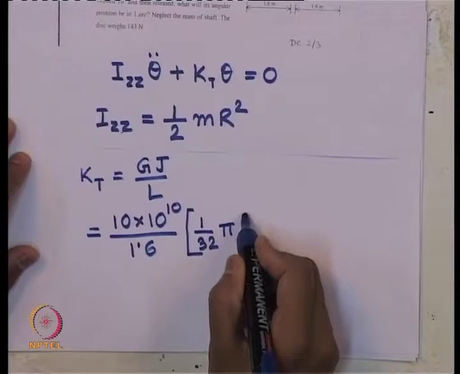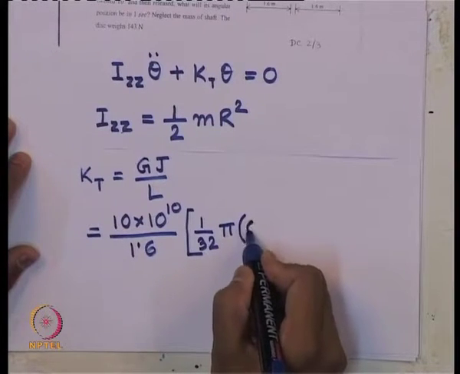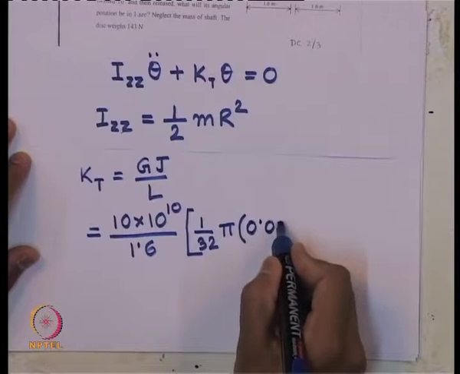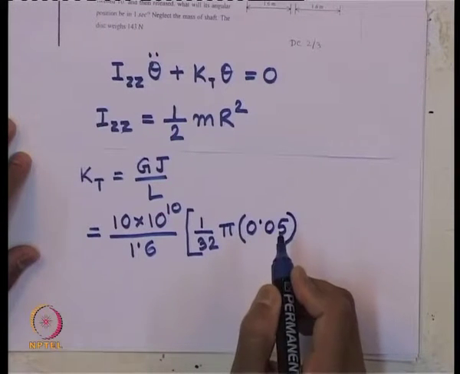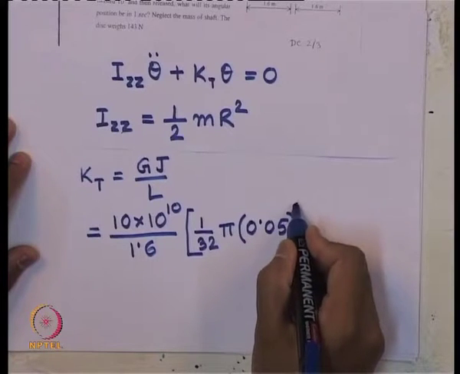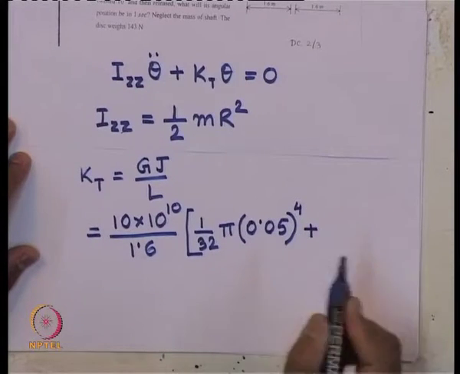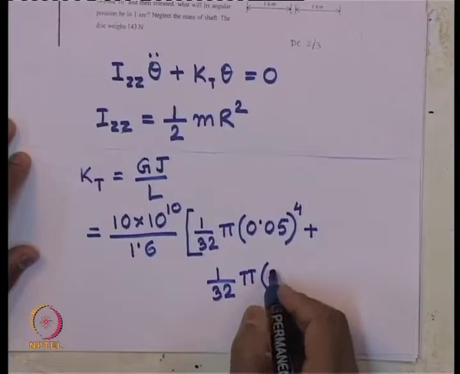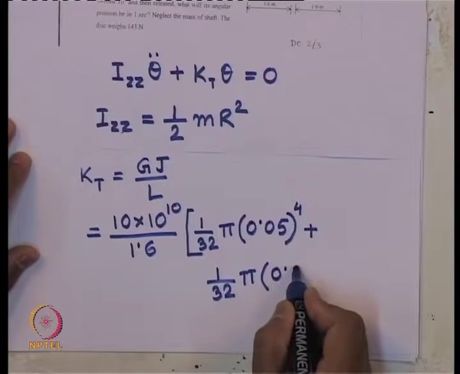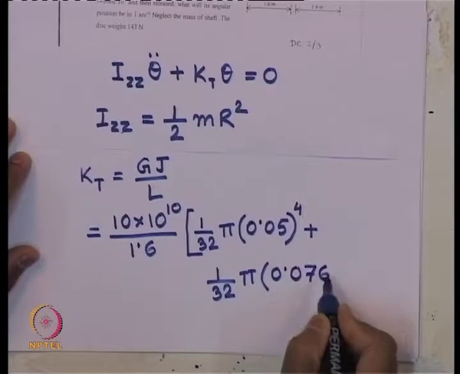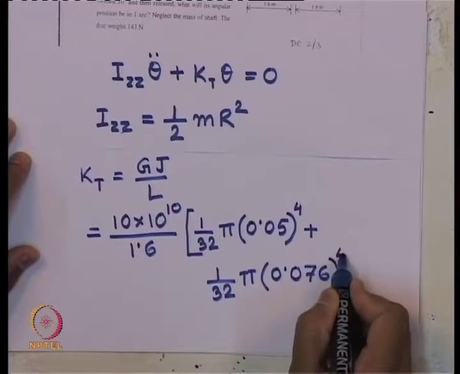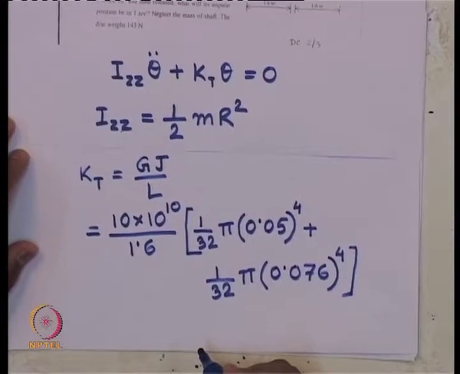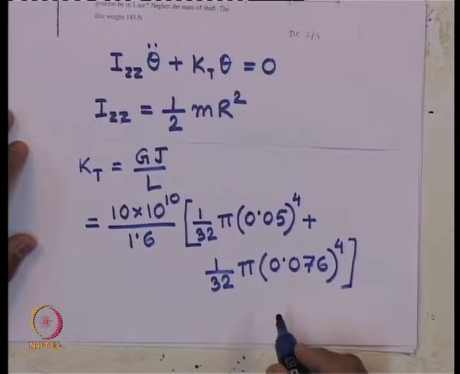For one shaft, d is 0.05 meter to the power 4, and for the other shaft, 0.076 meter is the diameter to the power 4. So, that gives us the value of the torsional spring constant for this problem.